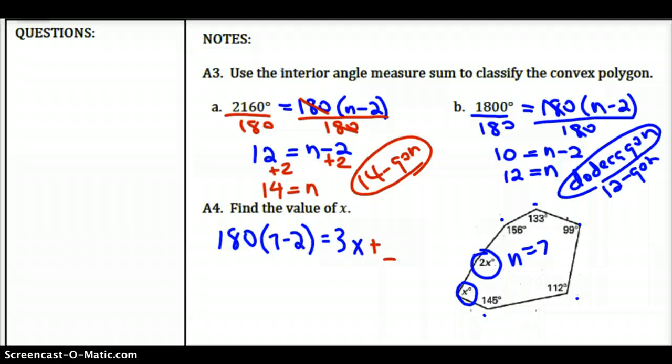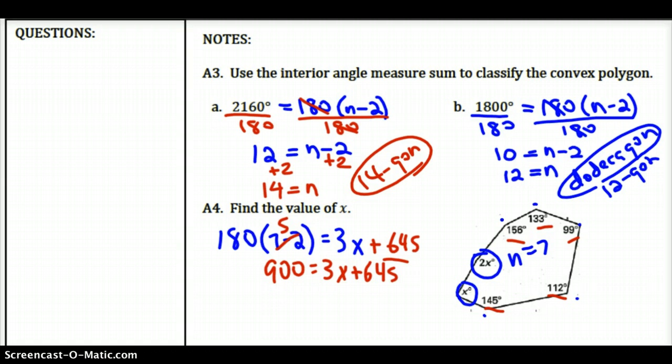And when I add this, this, this, this, and this, I end up with 645 degrees. Over here I can change this to 5, so now I get 900 equals 3x plus 645. Subtract the 645 over, and we get 255. Divide by 3, and I get 85 degrees. So x ends up being 85 degrees.